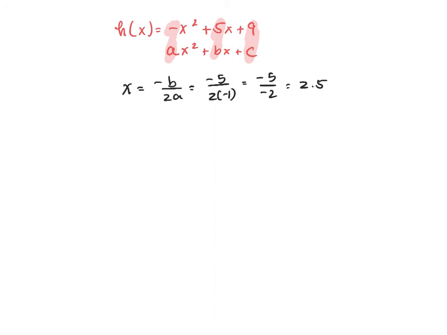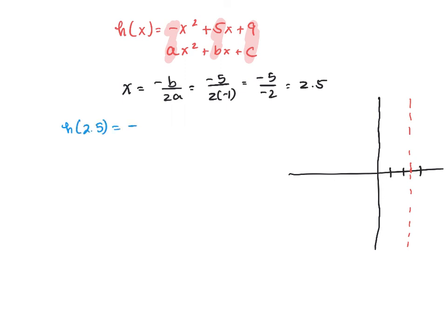So we know if we're going to graph this thing where x equals 2.5, 1, 2, 3, so 2.5 is right in the middle here somewhere. That's my axis of symmetry. Now I just have to find out what the h of 2.5 is. So wherever I see an x, I put in a 2.5 in parentheses.